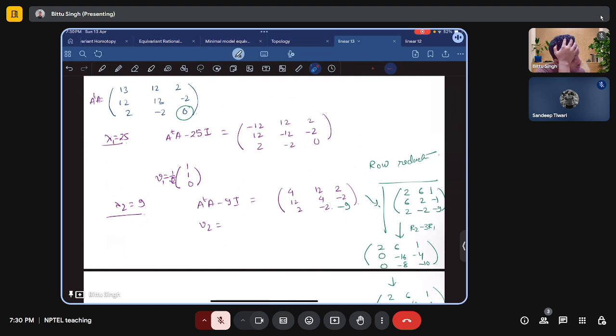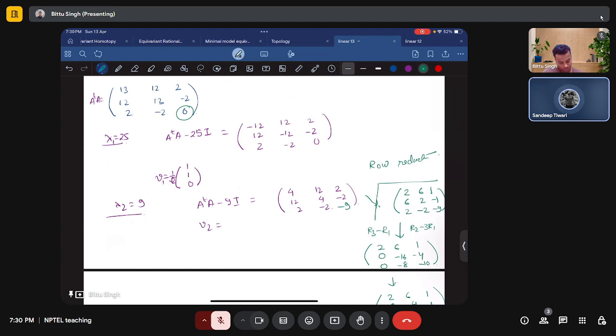Then R3 minus R1. So it is 0, minus 2, minus 6, minus 8, minus 9, minus 1, minus 10.